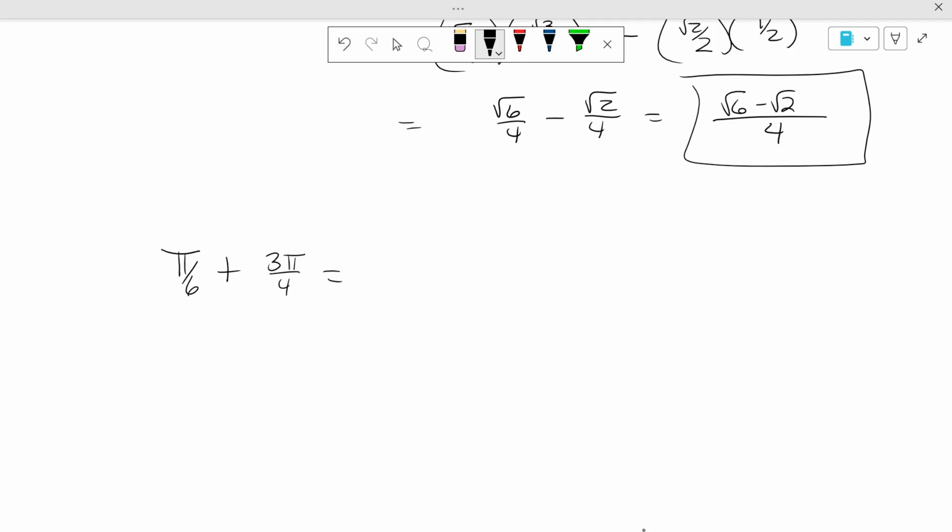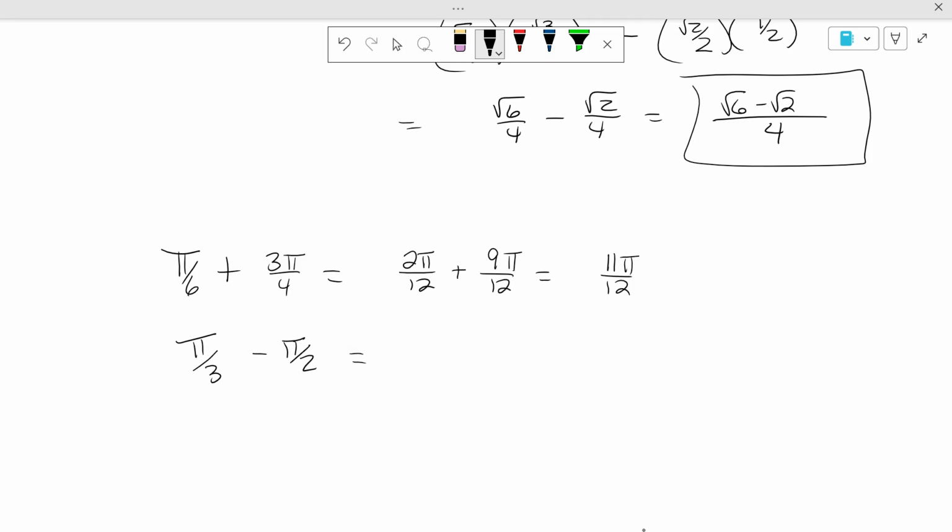Okay, so we multiply the first one by 2, so it's 2 pi over 12. Second one by 3, 9 pi over 12. What's 2 pi over 12 plus 9 pi over 12? 11 pi over 12. So we'll work with some adding and some subtracting to get certain numbers. Like we'll take pi over 3 minus pi over 2. Just put it in the maroon basket. What's the common denominator for this one?